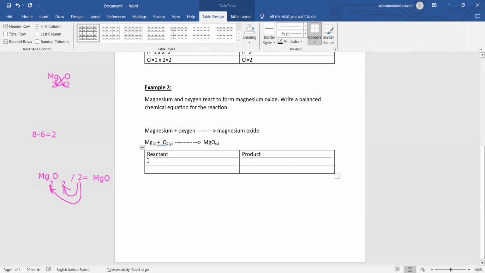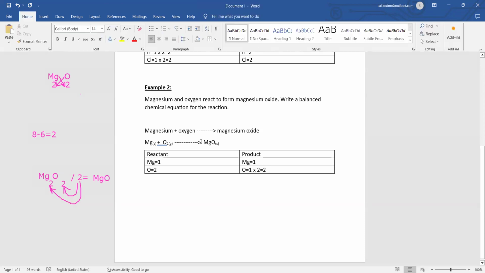So magnesium on the reactant side is 1. Magnesium on the product side is 1. Oxygen on the reactant side is 2, but oxygen on the product side is 1. So to get 2 on this side, 1 multiplied by 2 gives me 2. I put that 2 in front of the MgO.